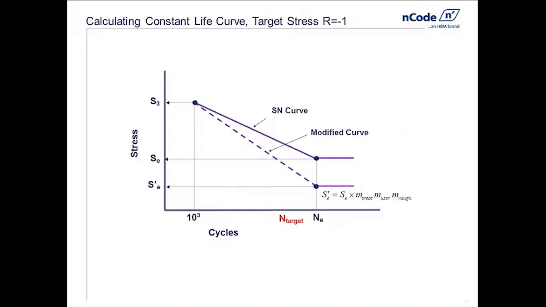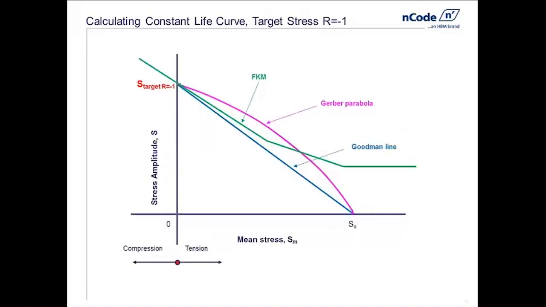This is the life you want to achieve or compare your performance to. That's used to look at the corrected curve and calculate a stress target for a mean stress of 0, and an R ratio of -1. That stress target is then used to construct a constant life diagram.